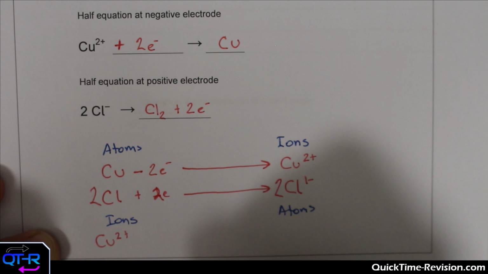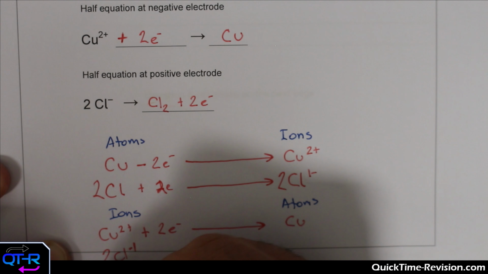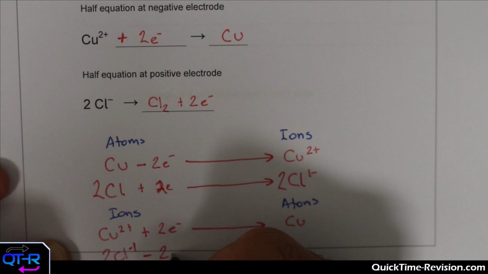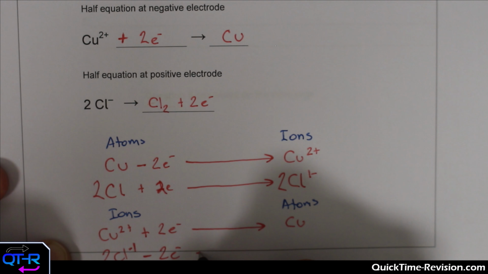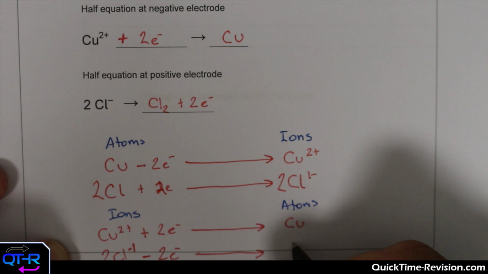And if I had 2 chlorine ions, that's not negative 2, that's negative 1, because it's negative 1 done twice, and I take away 2 electrons, they're going to turn back into being normal chlorine.